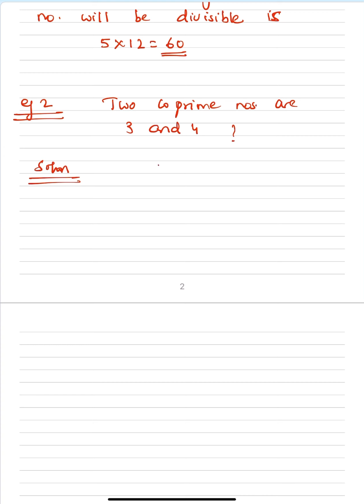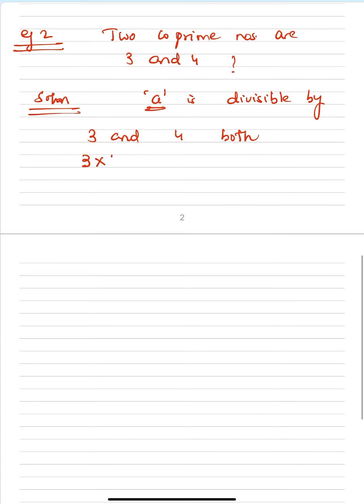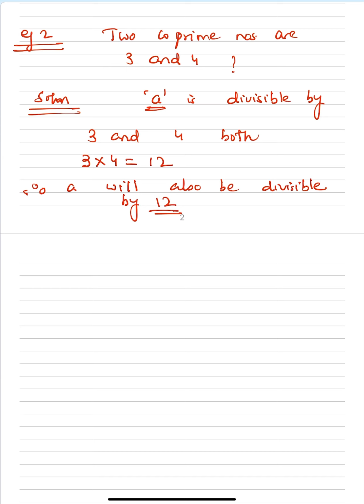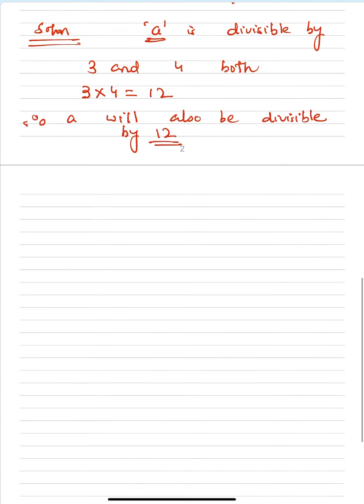Suppose A is divisible by 3 and 4 both. Then it will also be divisible by their product. So 3 into 4 is equal to 12. Therefore, A will also be divisible by 12. The answer you have to write the same way which I have shown you above.